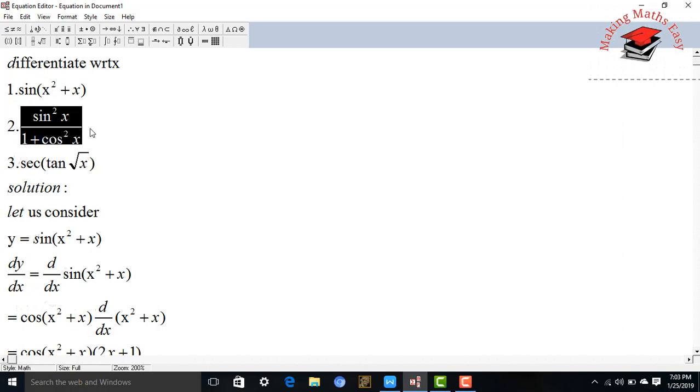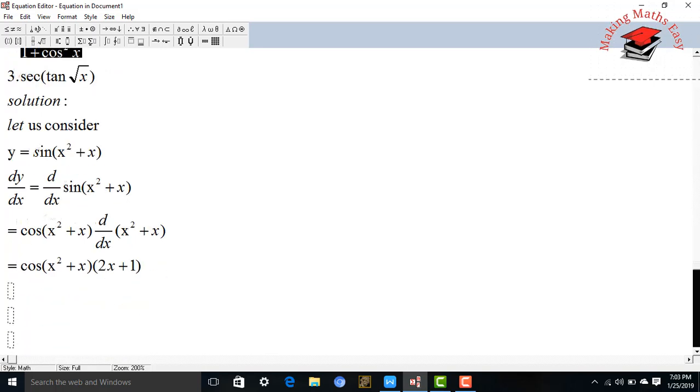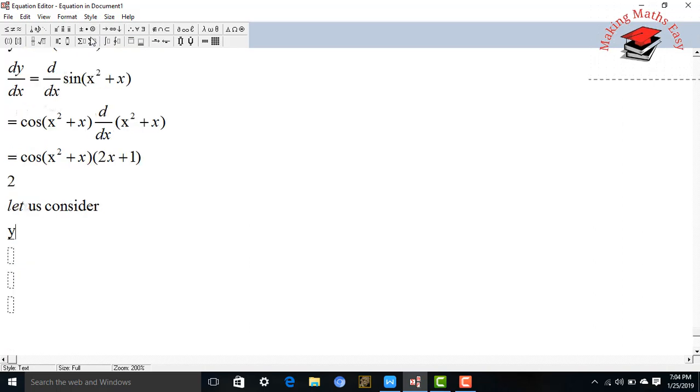The second sum is sine square of x upon 1 plus cos square of x. So let's solve it. For the second sum, let us consider y equal to this value.